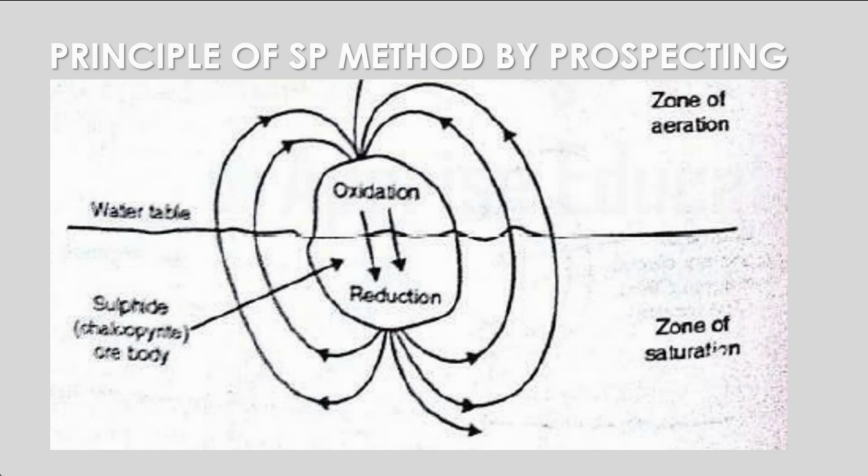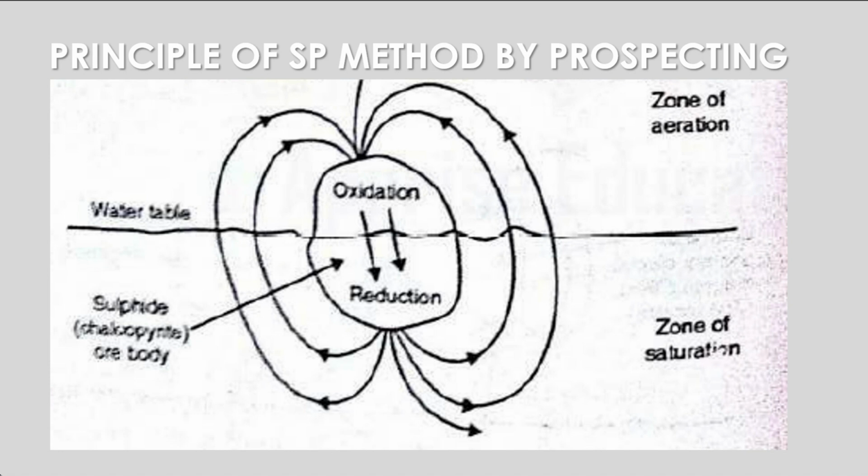The figure shows the occurrence of oxidation at the top and reduction at the bottom in a subsurface sulfide ore body, which is in the zone of aeration and also in the zone of saturation. As a consequence of this, the negative charges develop at the top and the positive charges at the bottom, and the current flows from top to bottom within the body and back to the top outside of the body.